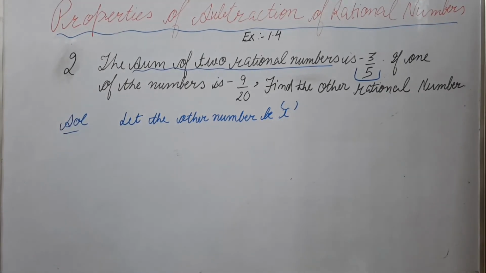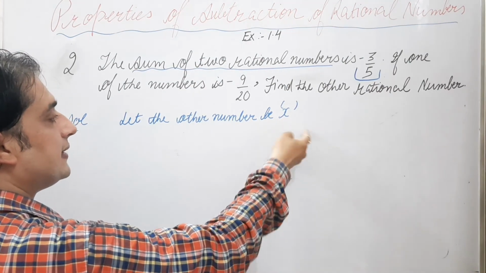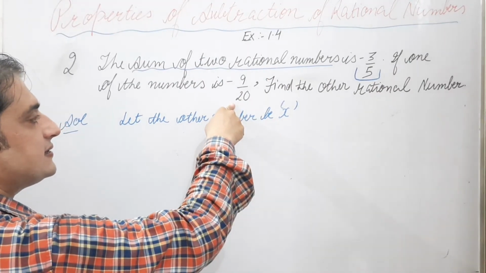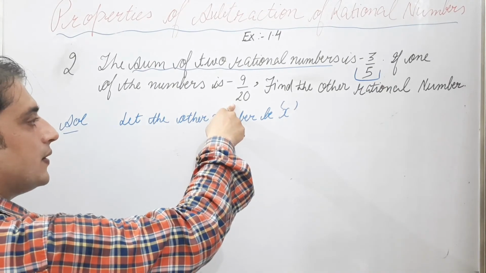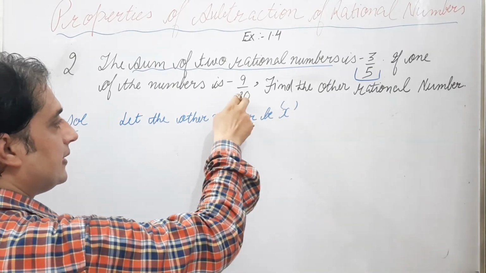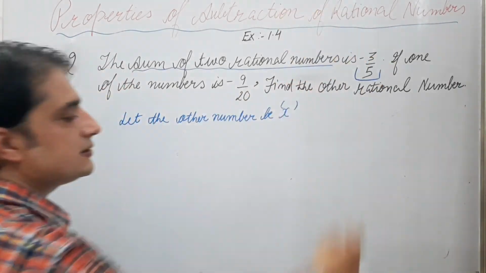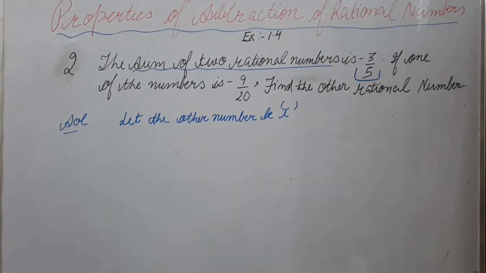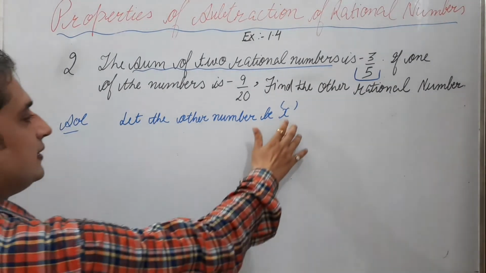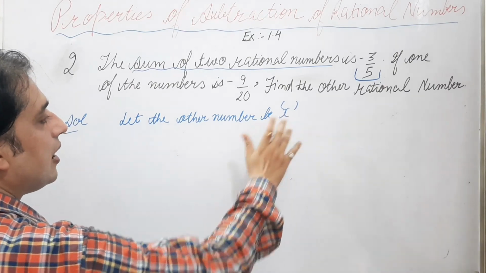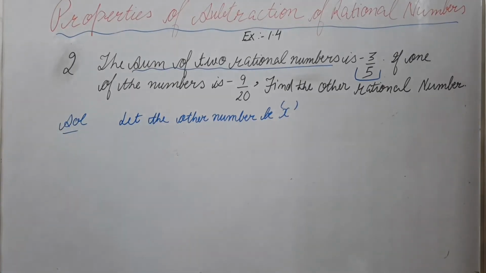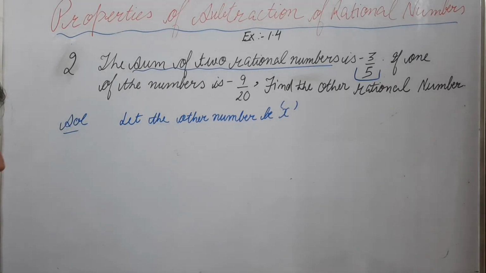X is a rational number that is added to minus 9/20. When we take their sum, that sum is minus 3/5. So here the second rational number is unknown. We have to find that one.